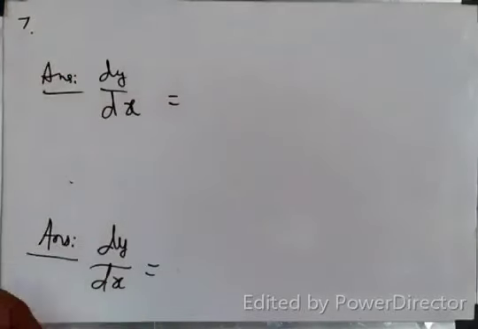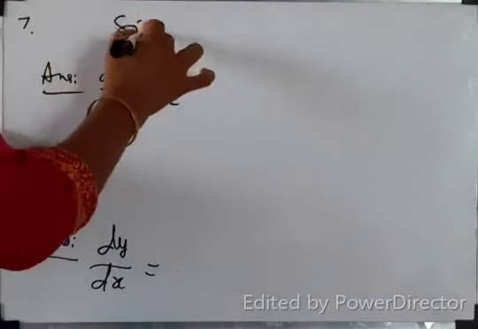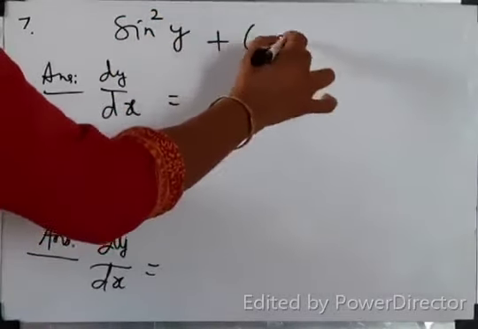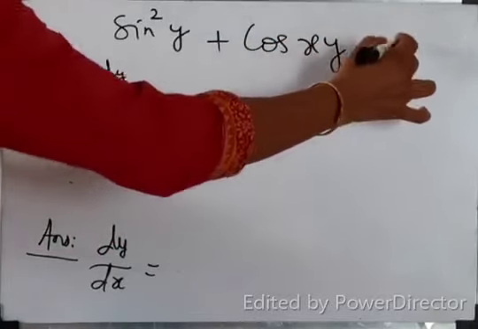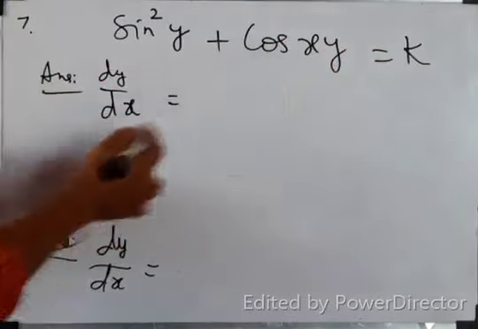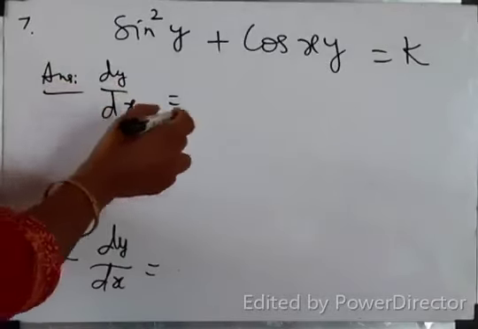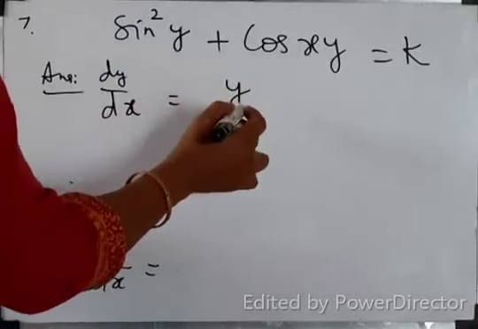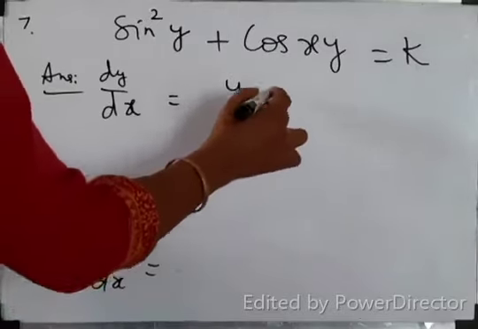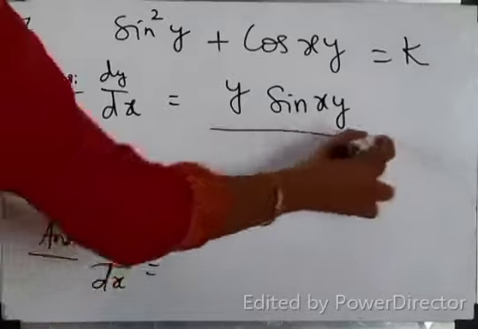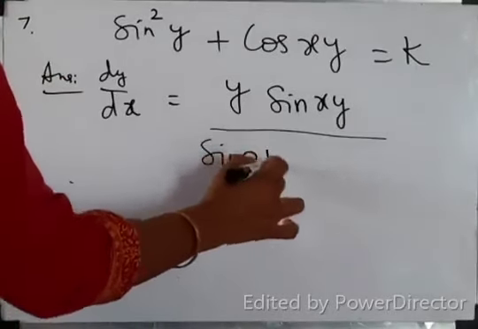Now question number 7: sin squared y plus cos xy equal to k. What is xy? uv, right? The answer is dy by dx equal to y into sin xy by sin 2y.